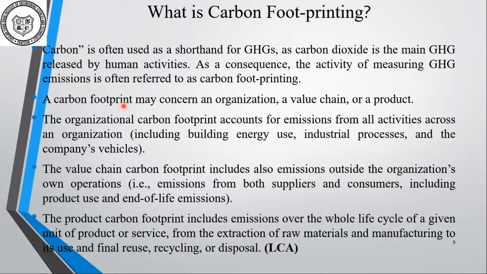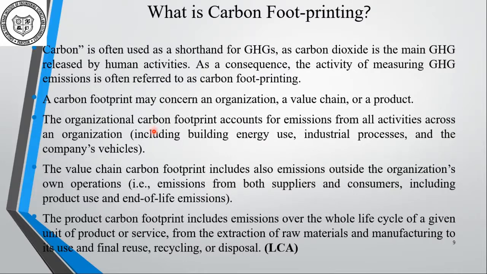Similarly, a carbon footprint may concern an organization, a value chain, or a product. So carbon footprinting can be at different stages. It can be for a product, for an entire value chain, or for an organization, exactly how much the organization is emitting in terms of greenhouse gases.